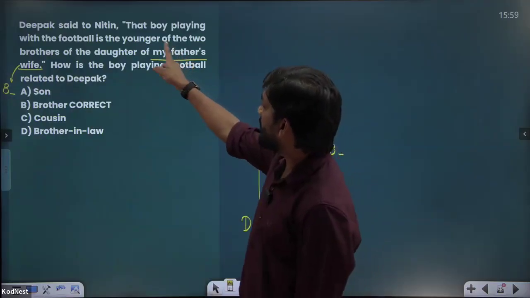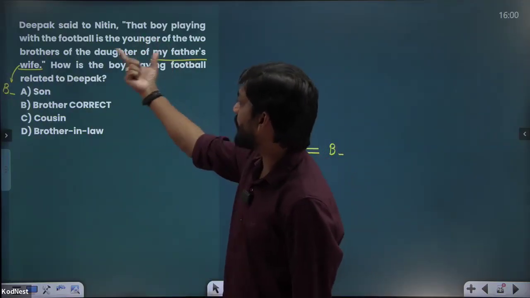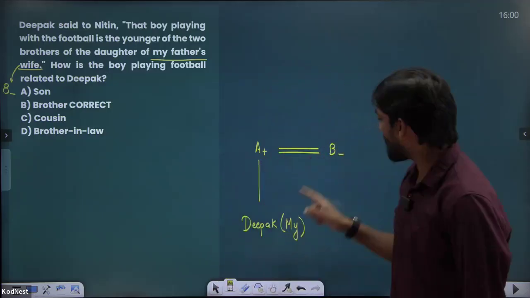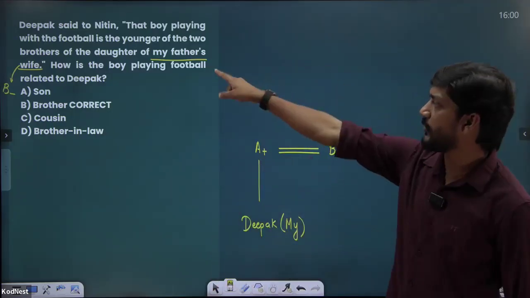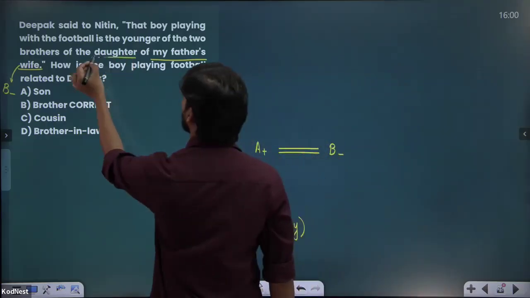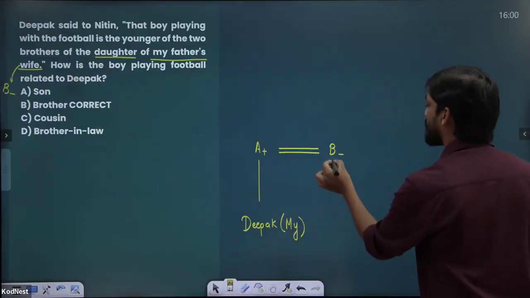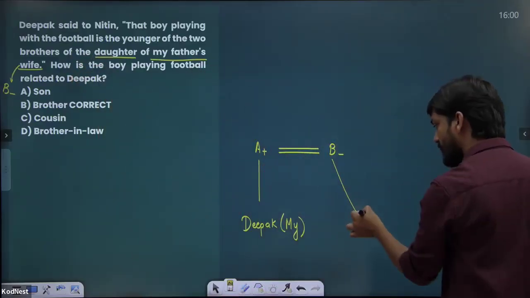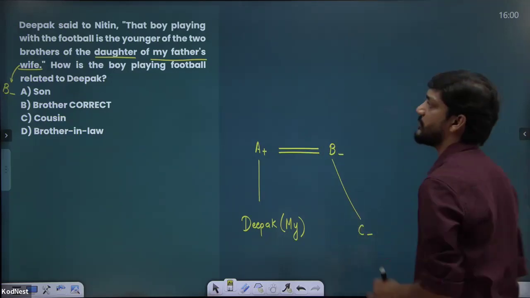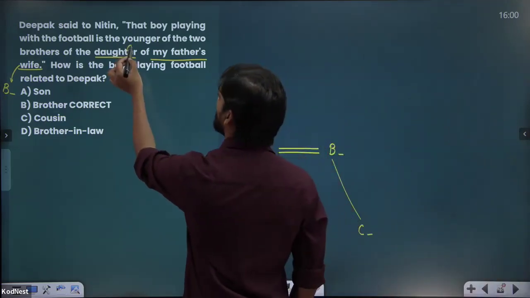Now you have to take the daughter of my father's wife, the daughter of B minus. So the daughter of B minus will be one generation below. Let's take it as C minus.